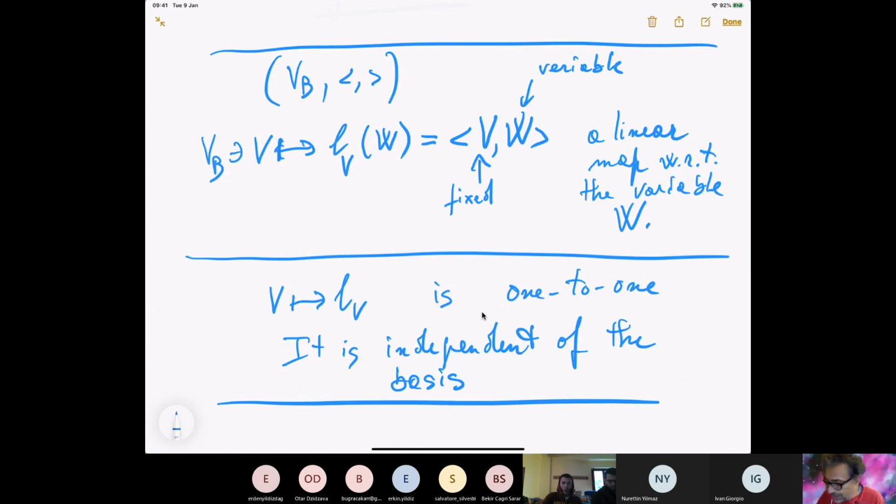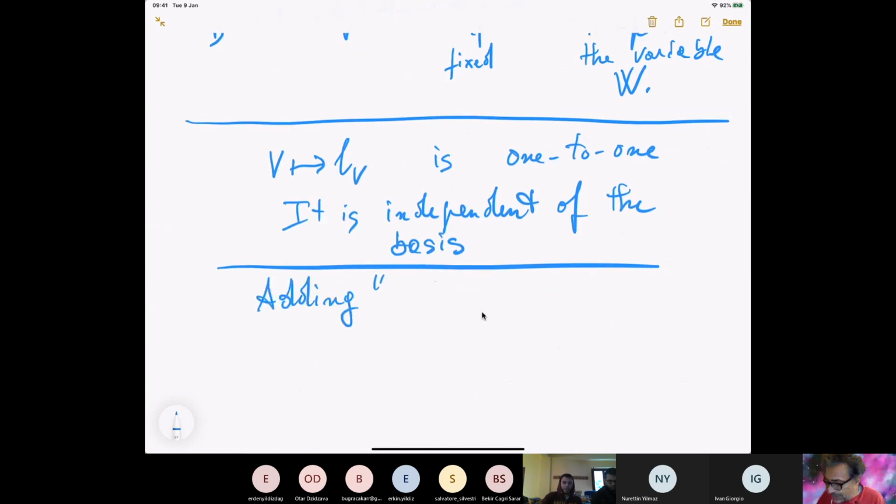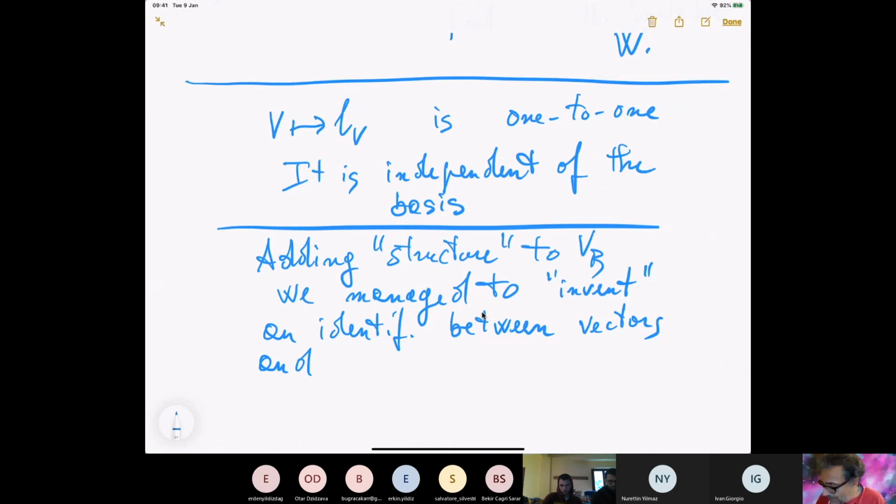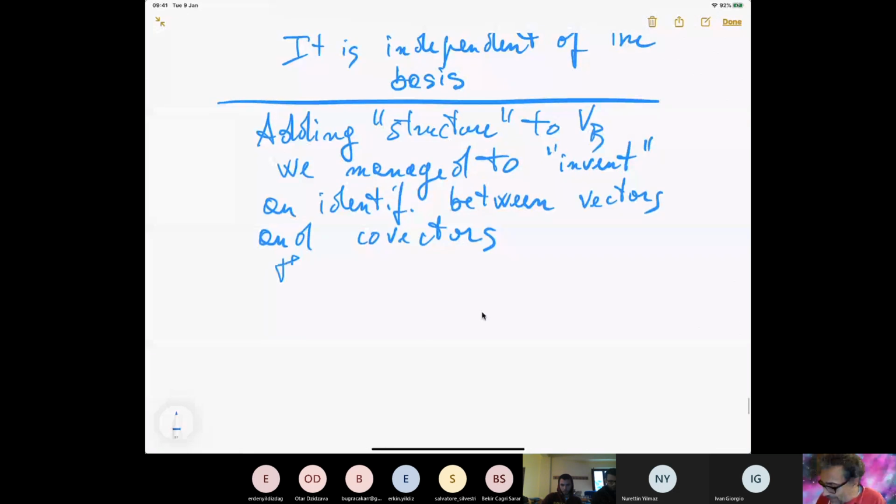So we can conclude that adding structure to VB, we managed to invent an identification between vectors and covectors that is independent of the basis.